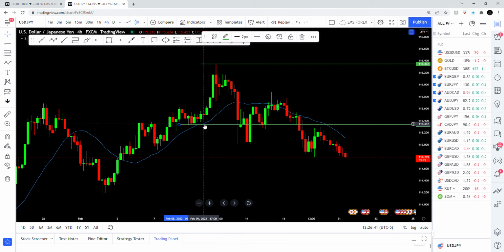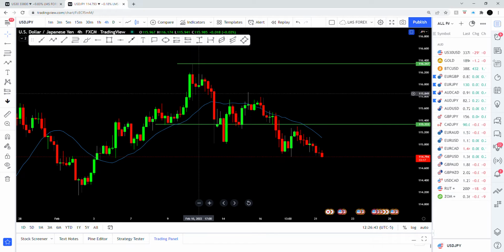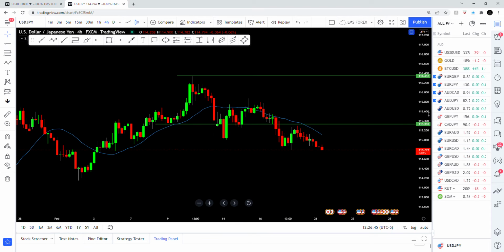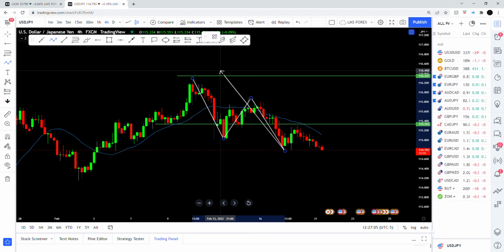Now that we have this range, in order for this to continue pushing up, we have to keep breaking those highs the same way it was breaking highs here and respecting lows here. Now we have this push to the downside, it came back, respected those highs, and broke the lows. So now this move is doing the opposite of what it was doing.